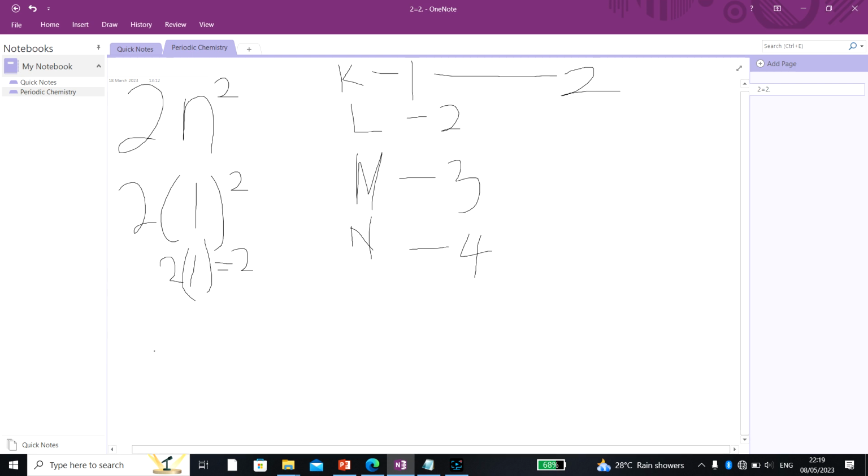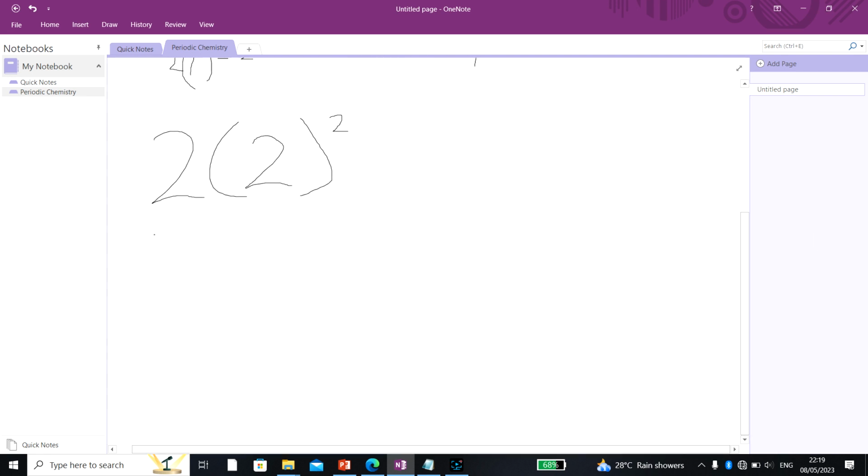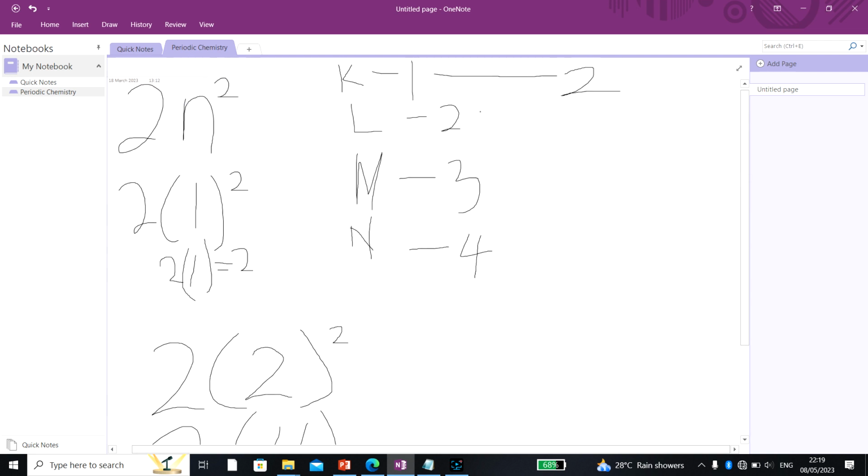Now when n is 2, on the L shell, we know that 2 to the power 2 is 4. So we are getting 2 into bracket 4, and that is giving us 8. It means that the L shell can take a maximum of 8.